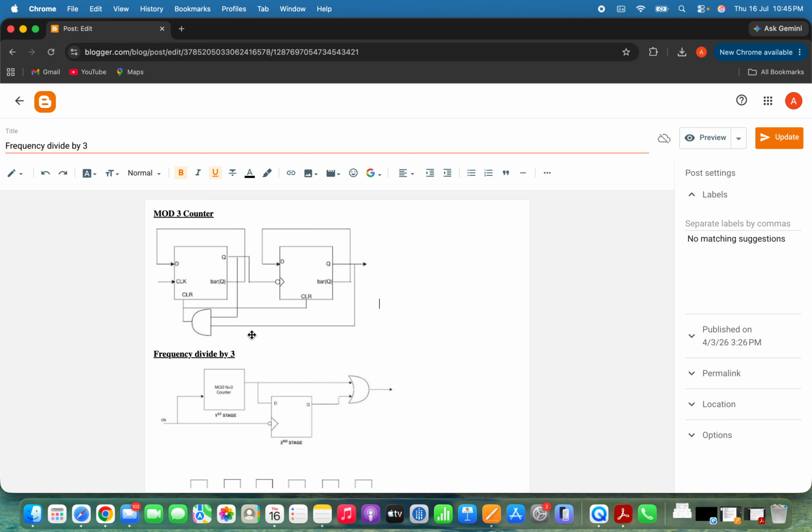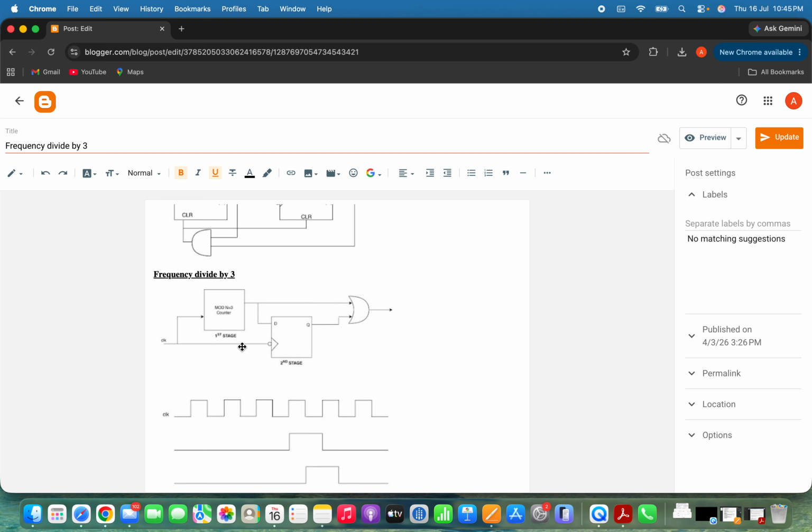Now let's use this mod 3 counter to generate a divide by 3 clock. The output of the mod 3 counter already repeats once every 3 input clock cycles. However, the duty cycle is not 50%. The high and low durations are unequal. To correct this, we add one more negative edge trigger D flip-flop.